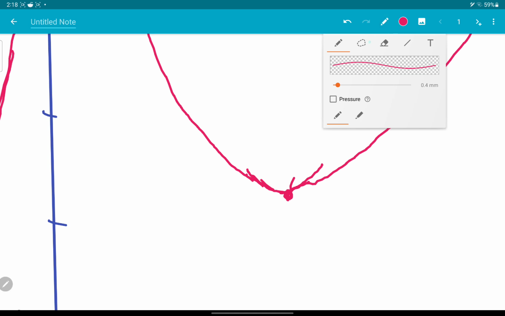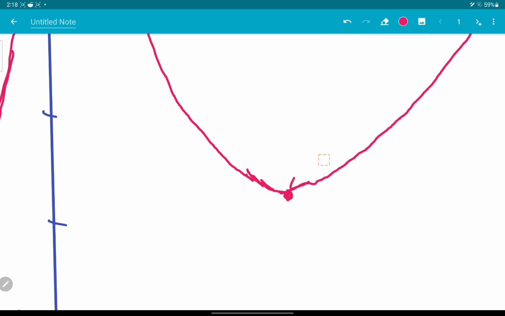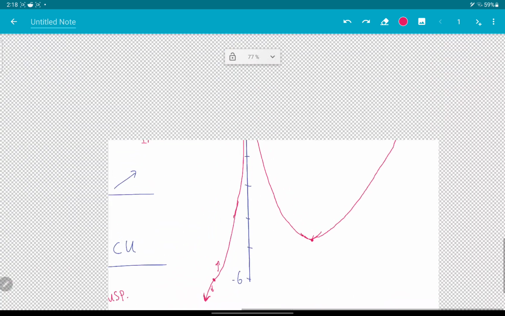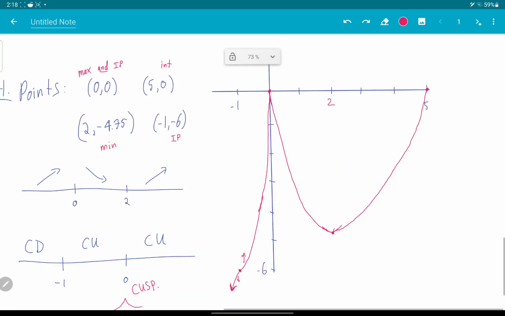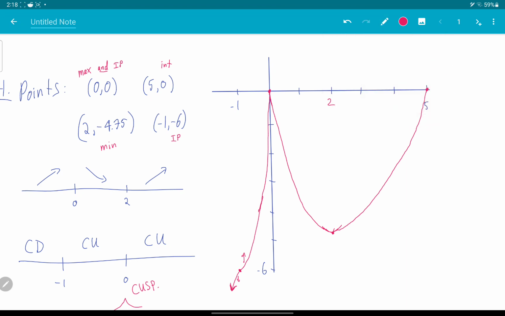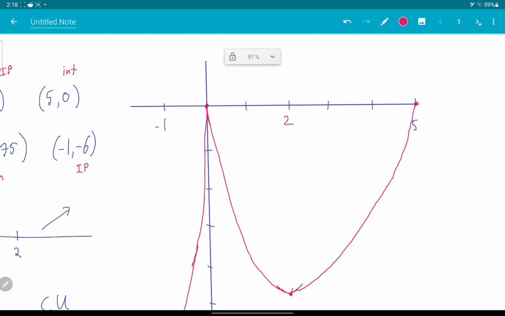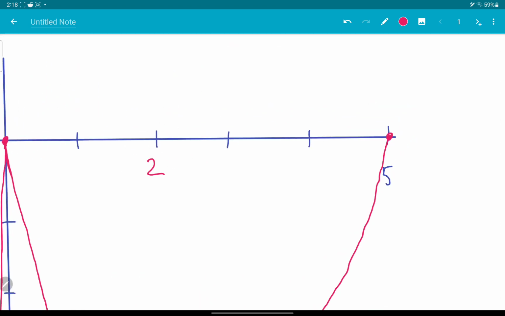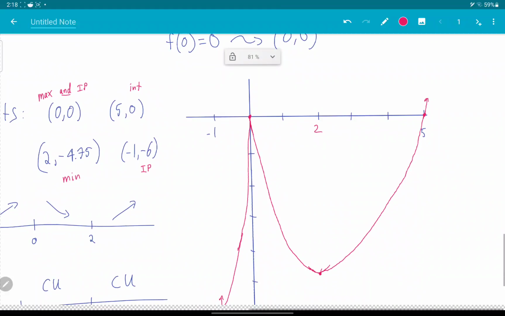Let's see what I can do. Make this pretty. I'm gonna make it pretty. Ooh. Oh no, that's not good. Forget it. All right. Maybe a little bit more over here, just to get this. Okay, it should be increasing and concave up after that point.